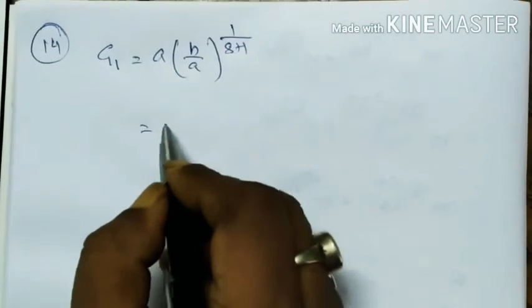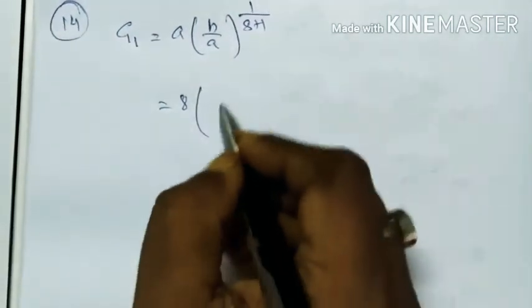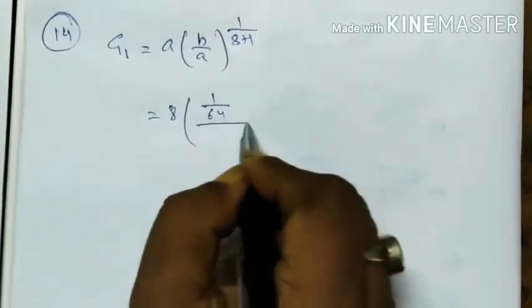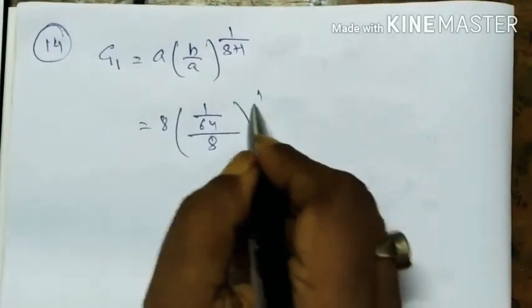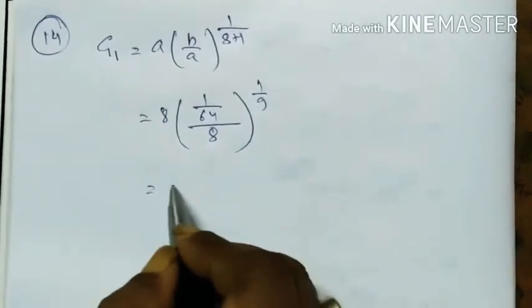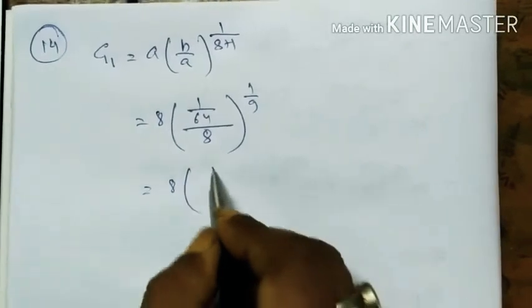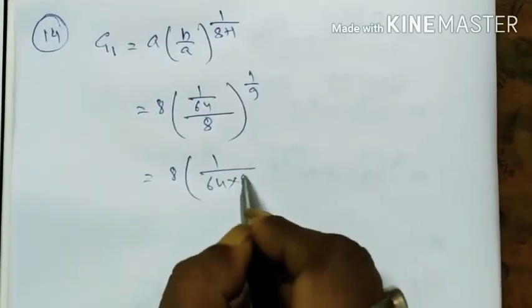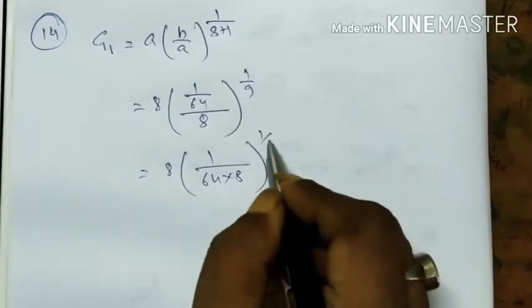So a is your 8 and b is 1 by 64, (1 by 64 by 8) to the whole power 1 by 9. So this comes out to be 8 into (1 by 64 into 8) to the whole power 1 by 9.